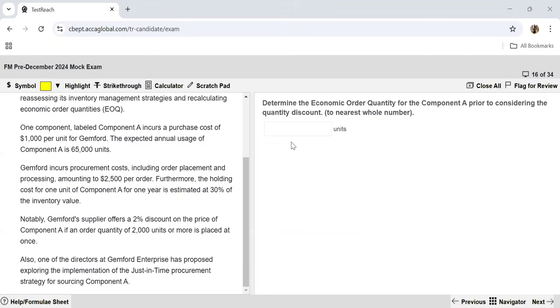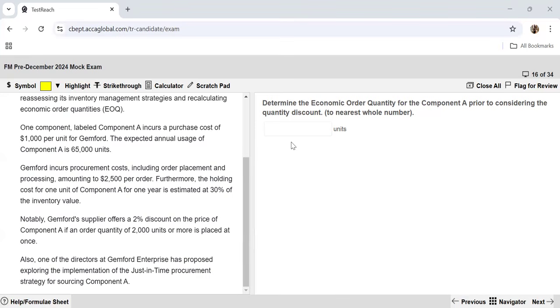Furthermore, the holding cost for one unit of component A for 1 year is estimated as 30% of the inventory value. Notably, Gemford's supplier offers a 2% discount on the price of component A if an order quantity of 2,000 units or more is placed at once. Also, one of the directors at Gemford Enterprises has proposed exploring the implementation of a just-in-time procurement strategy for sourcing component A.